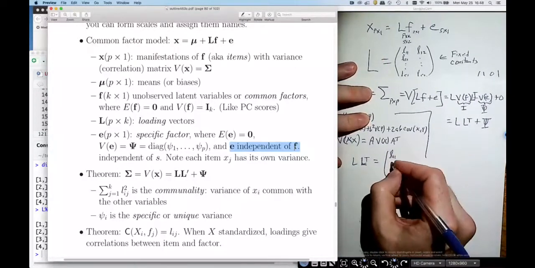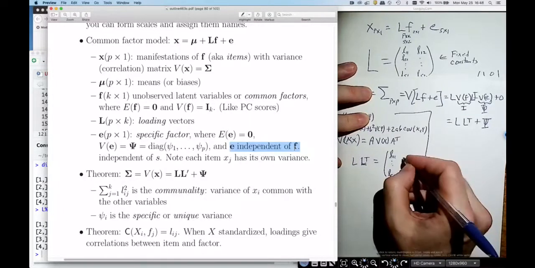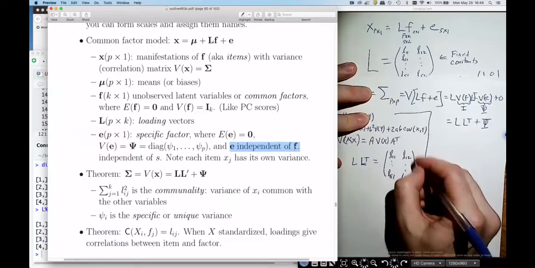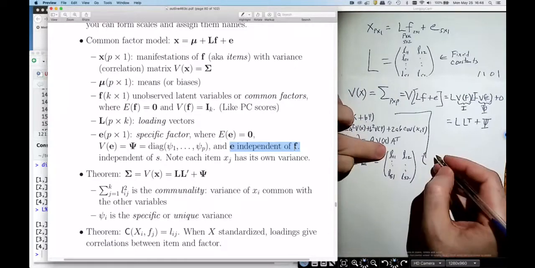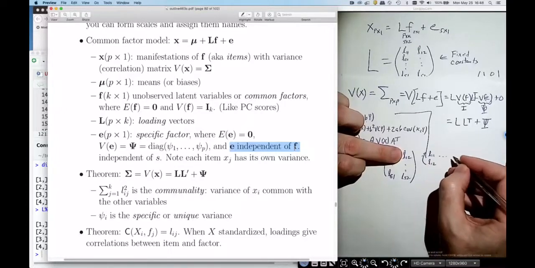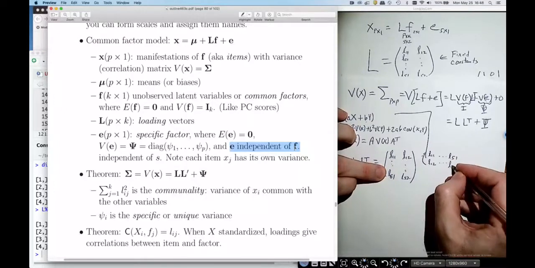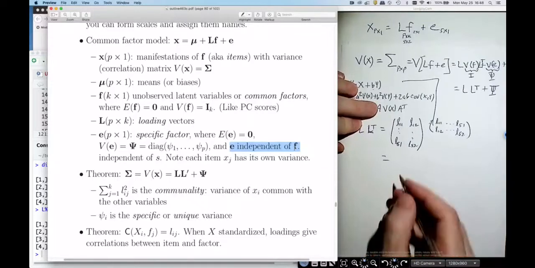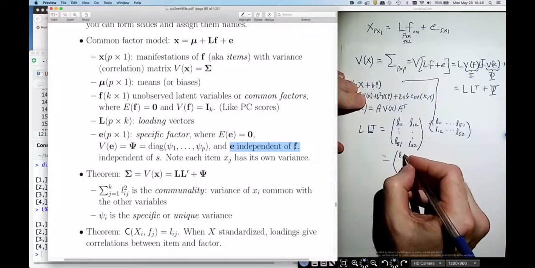L11 through L51. Then we have L12 through L52. So that's my L matrix. And let's take the transpose of this. So this is going to be L11, L12, dot, dot, dot, L51, L52. And so when I do this product, what I'm left with is this, L11 squared.